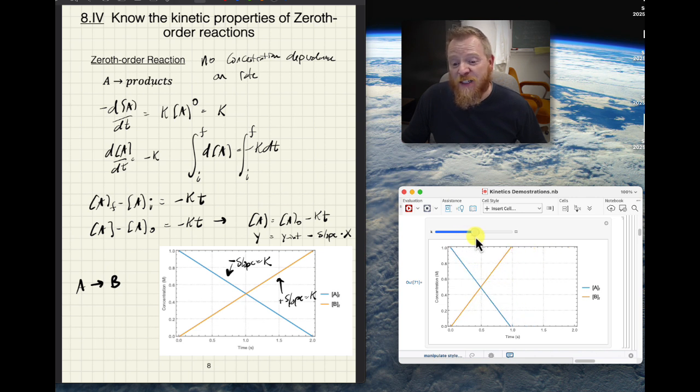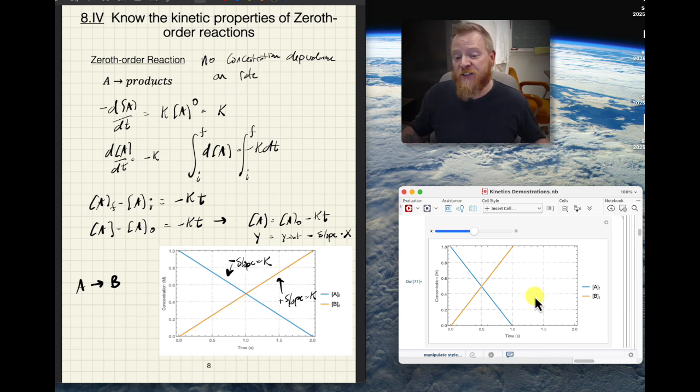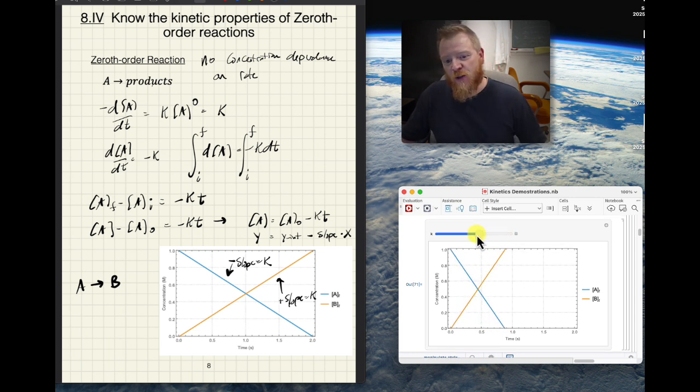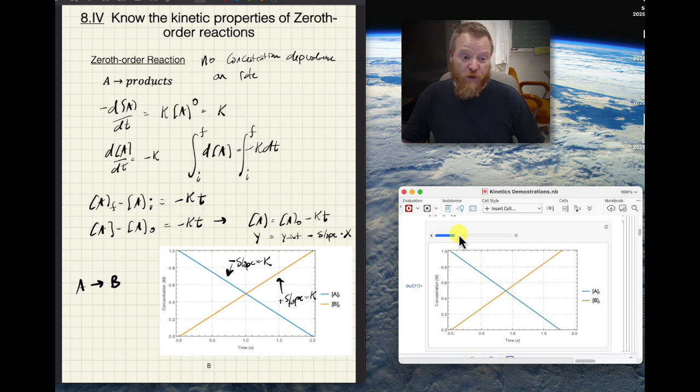And now in this zeroth order reaction, you can see when the concentration of A hits 0, the concentration of B hits 1, and that would indicate that the reaction is done. So the reaction is over with much faster with a larger rate constant. The reaction takes longer with a much smaller rate constant.